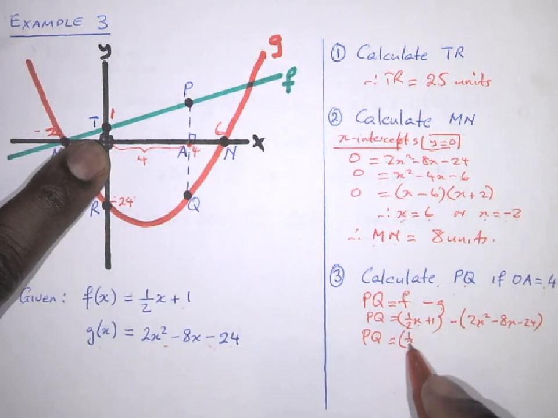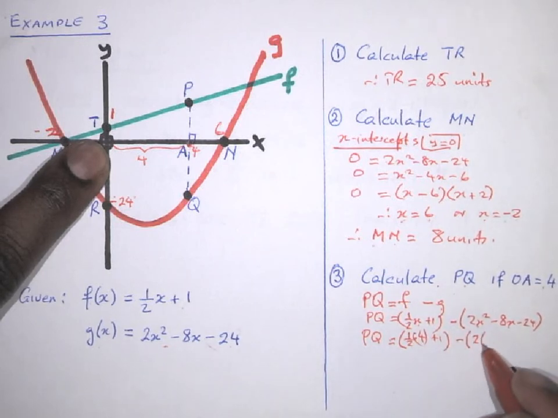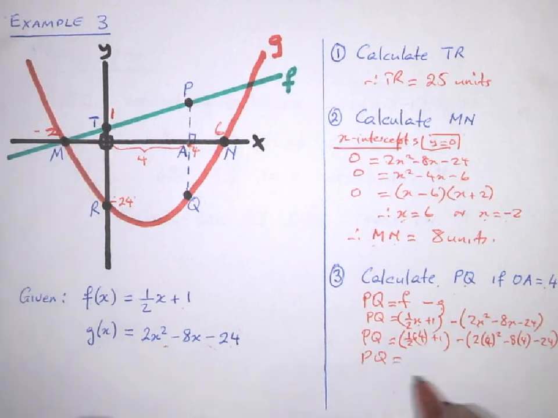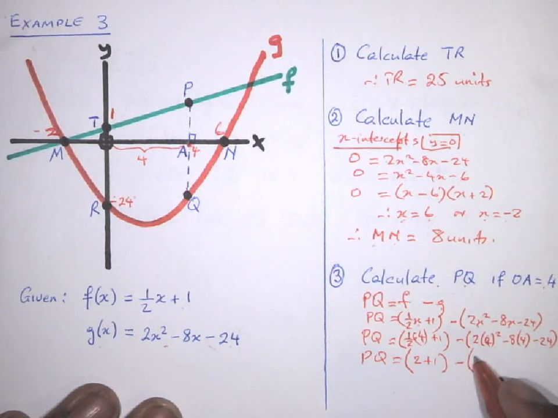So it will be half times 4, then plus 1, minus 2 times 4 squared, minus 8 times 4 minus 24. So my PQ value will be equal to half of 4 is 2. So I've got 2 plus 1 minus, there is a 2. 4 squared is 16. So this is multiplied by 16. Minus 8 times 4 is minus 32.